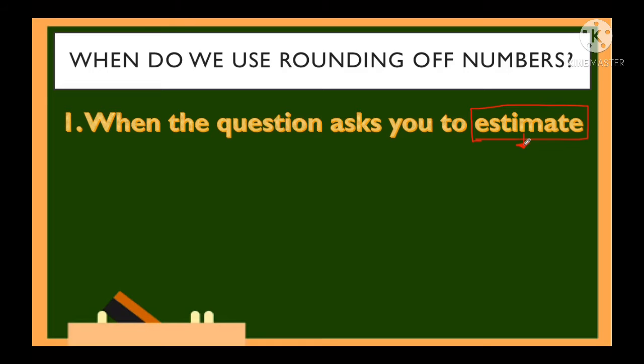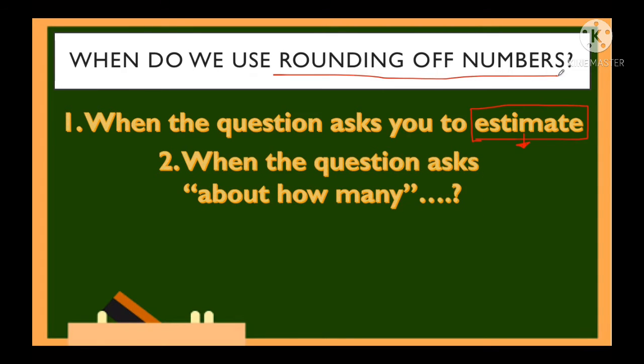So if you are asked by someone or your teacher to estimate a number, that is the time you need to use the rounding of numbers. Number 2. We can also use the rounding of numbers when the question asks about how many. About how many? That means you are not sure. So that is about how many. It's also part of estimation.